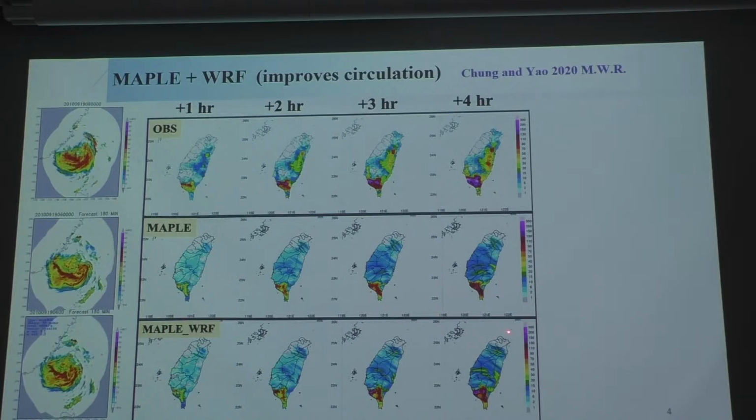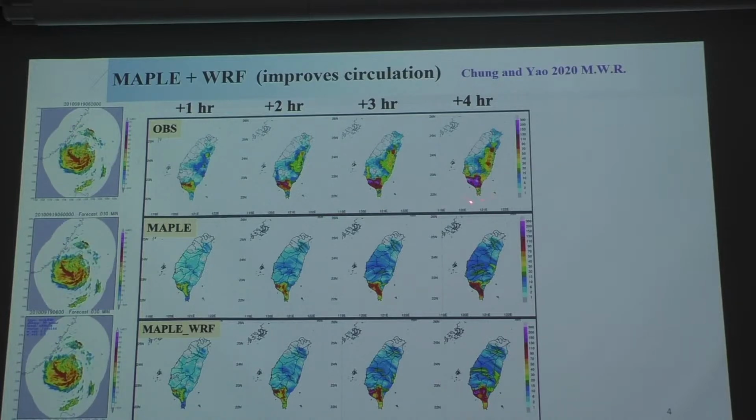And second of all, when we examine the performance of precipitation, you see that in general, the first 3 hours are probably more similar to MAPLE only. But later on, when we combine additional information from WRF, the maxima and the pattern of the heavy precipitation on the surface are much more similar to reality.